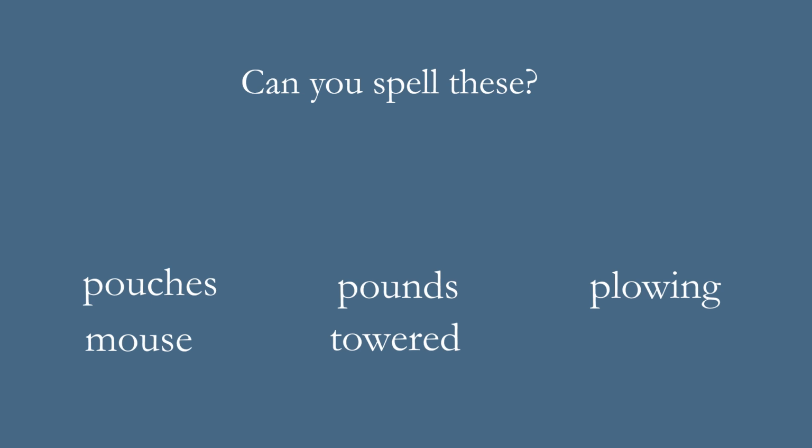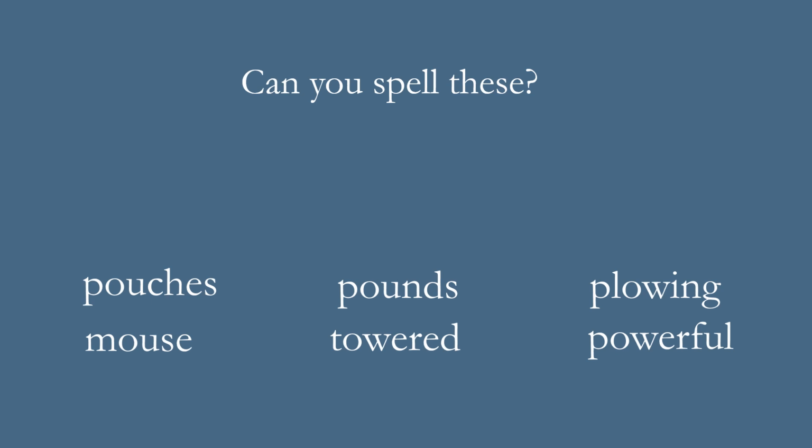Okay, even if you have it correct, make sure you write it a second time. And here's the last one. Powerful, powerful. Okay, did you remember the rule? Let's see. Okay, so we've got power.